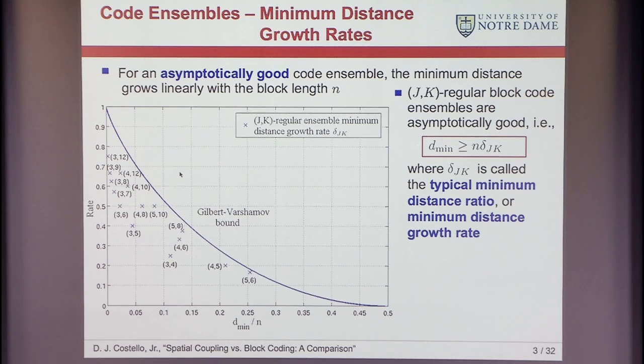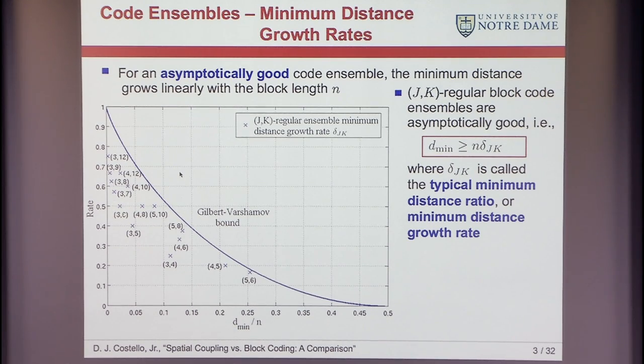So in particular, there's a typical minimum distance growth rate, which depends on the degree profile of the regular code, the J and K, with which the minimum distance grows linearly with n. And of course, there's a penalty to be paid in terms of distance for the low density and easy encoding, and you can see compared to the Gilbert-Varshamov bound, here's the penalty that gets paid.